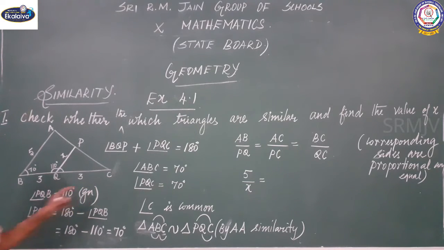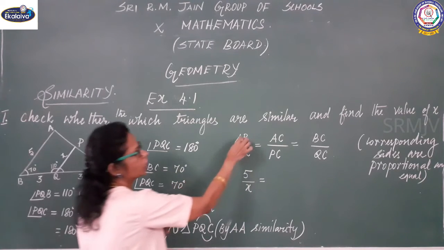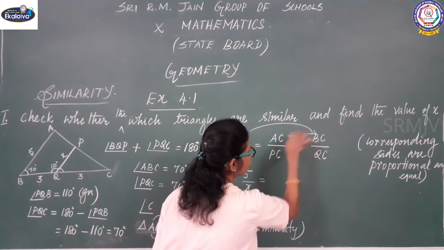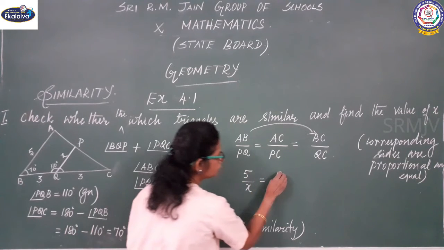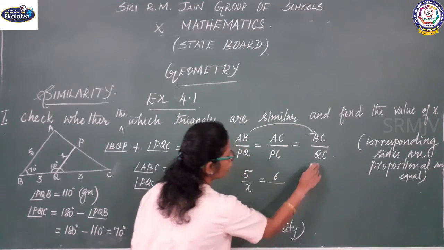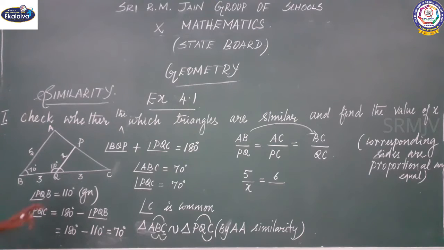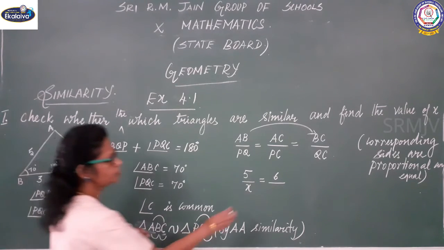Now you see BC, QC. What is the value of BC? BC is nothing but BQ plus QC. That means 3 plus 3, 6. Here I am going to relate first and third because I know the values for those alone. 6 divided by, what is QC? QC is equal to 3.